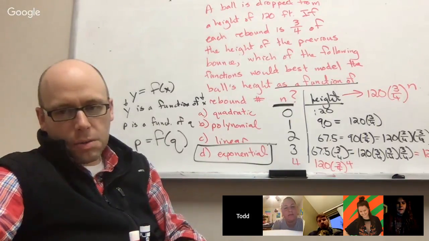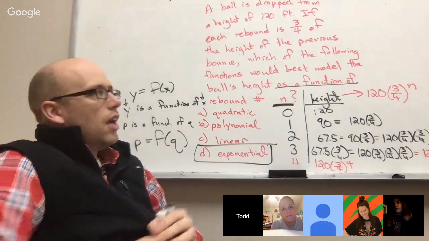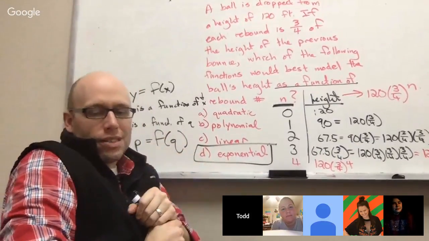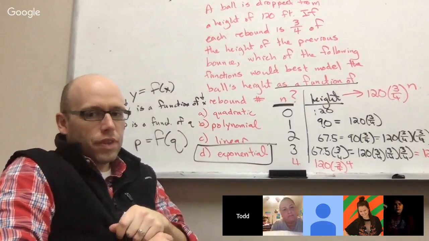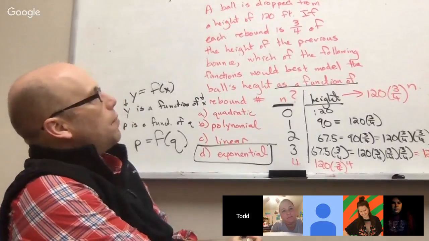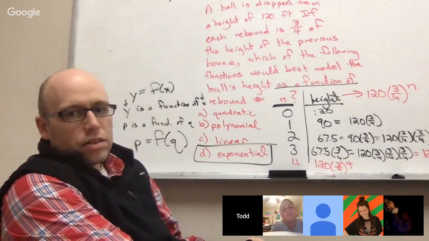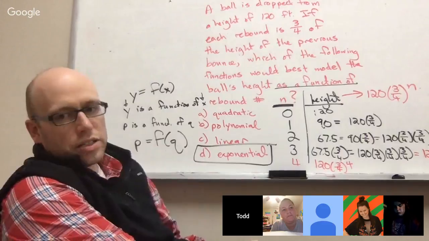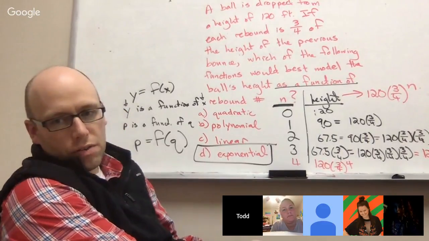What kind of problem would it be for quadratic or polynomial? Can you give us an example? So polynomial could be lots of different types because polynomials are a really broad range of functions. A quadratic, if it asked about the height as a function of time, where you have a constant acceleration, a constant rate of change in the rate of change, that would be a quadratic function.